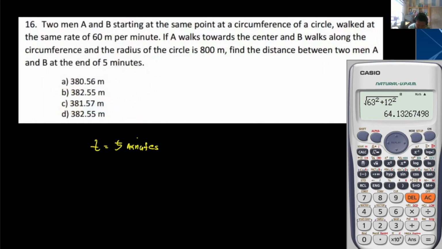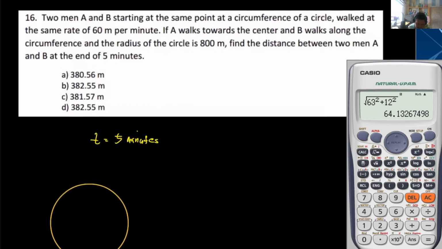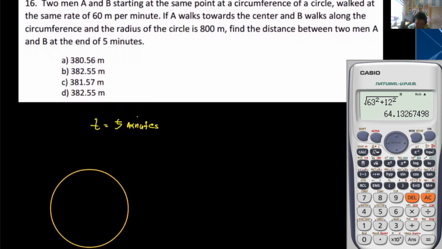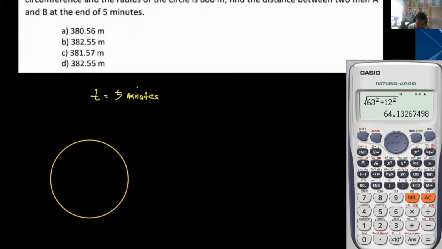So we have here a circle. So A walks towards the center and B walks along the circumference and the radius of the circle is 800. Okay.